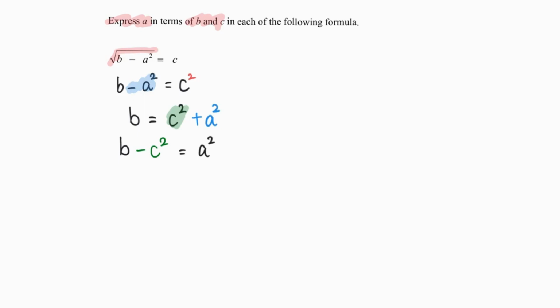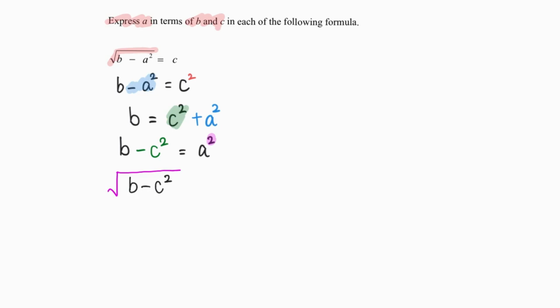And last but not least, because of the A square, I do only want to have only A. So that you will see that actually there will be a square root of B minus C square.